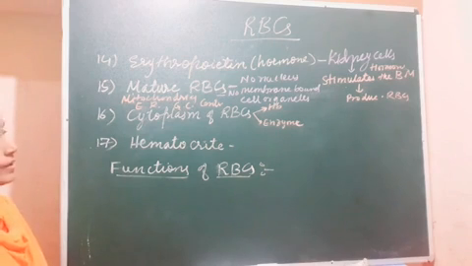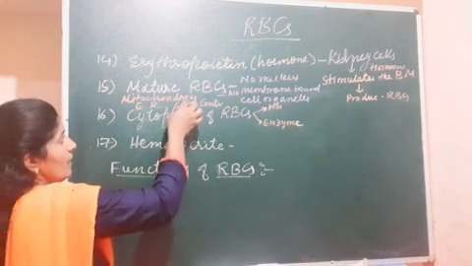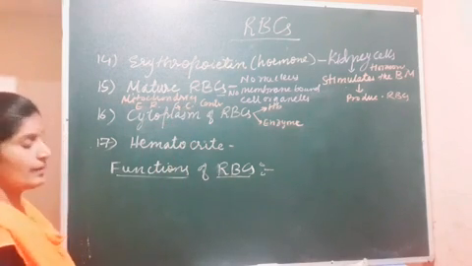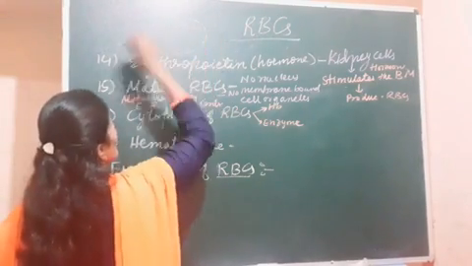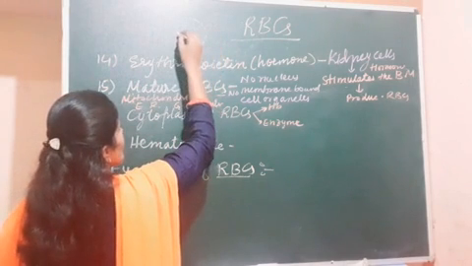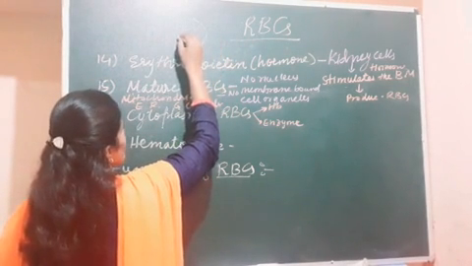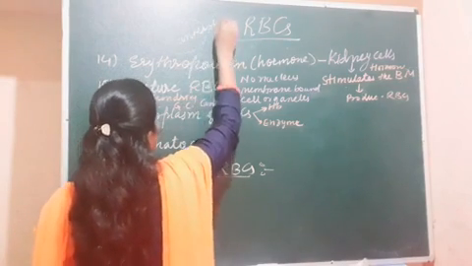So the mitochondria is absent in RBC. So here anaerobic respiration takes place. In the RBC, no mitochondria is present, so the respiration that occurs is anaerobic respiration.